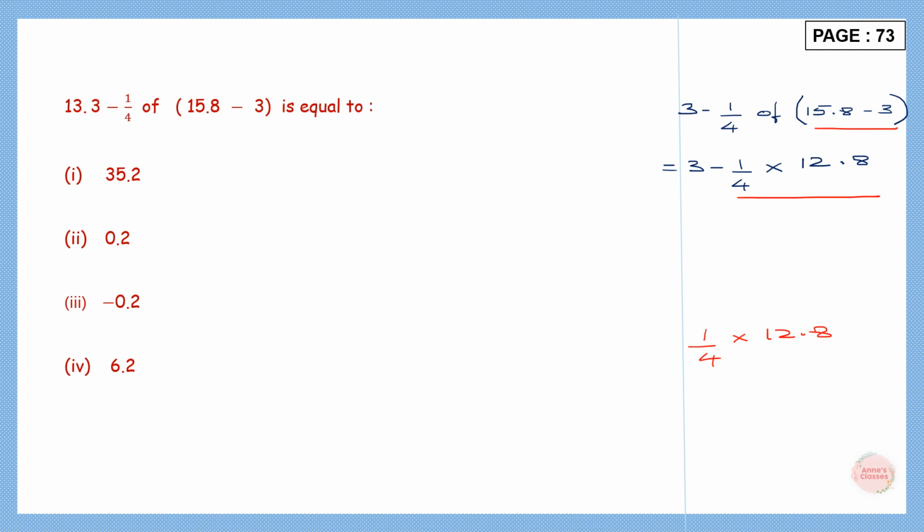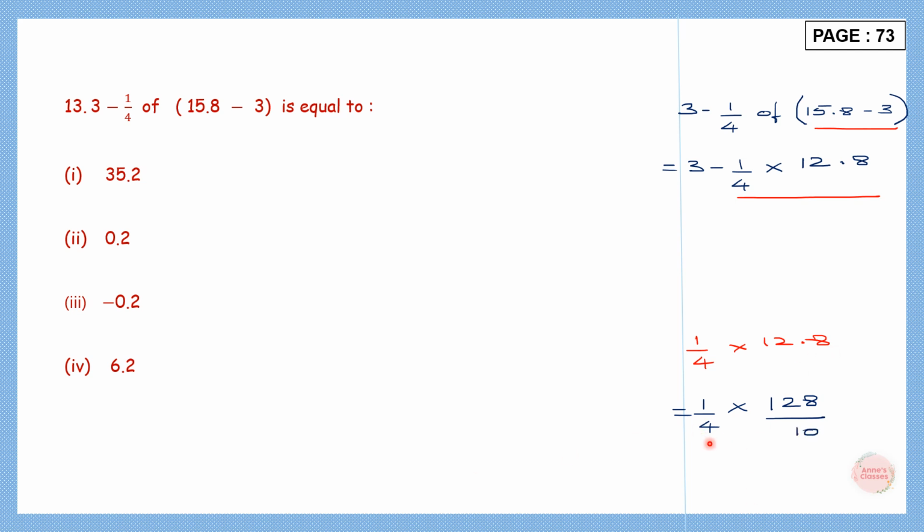12.8. So 1 by 4 into 12.8. Now 1 by 4, let's write it as it is. 1 by 4. Now into 12.8, I'm going to make it a fraction. So I'm going to write 128 by, now here after the point there's one digit, isn't it? So I can write 10 because there's 1 0.